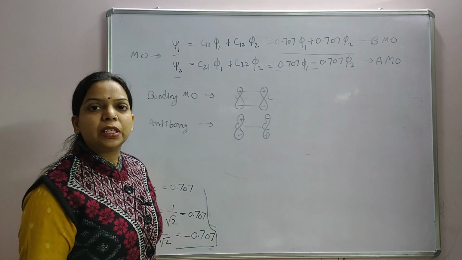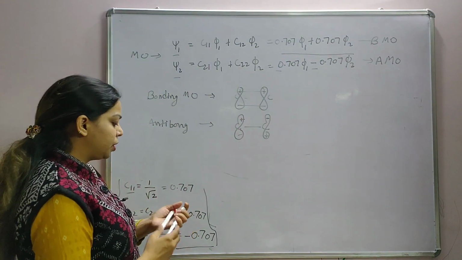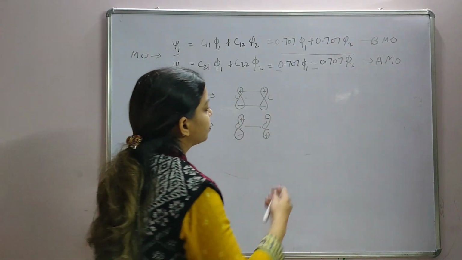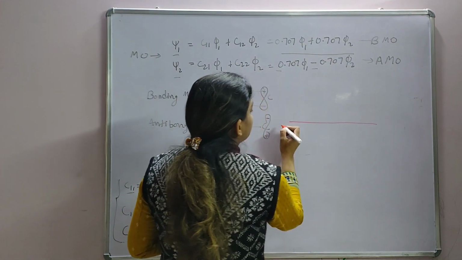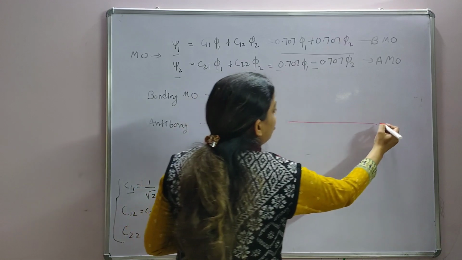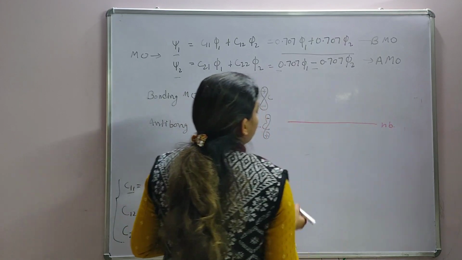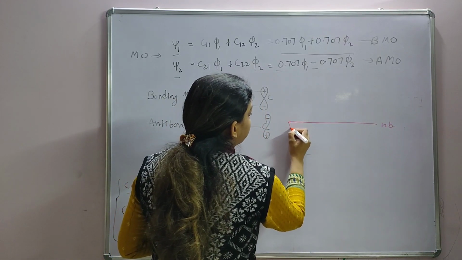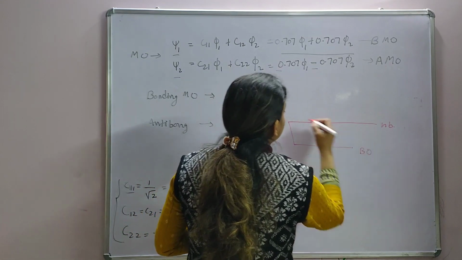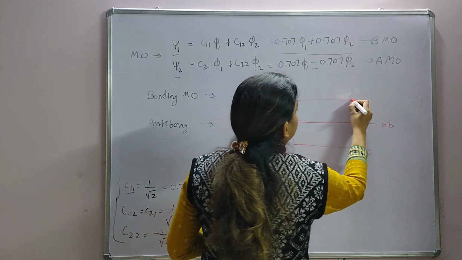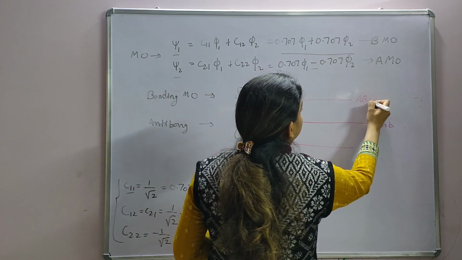So with the help of this, we can draw the energy level diagram. If this is for the non-bonded system, we have the bonding orbital and we have the anti-bonding orbital.